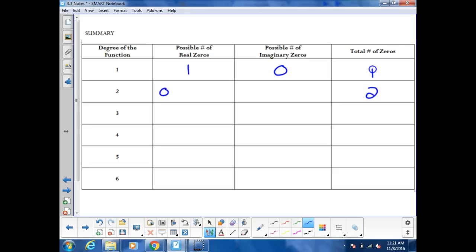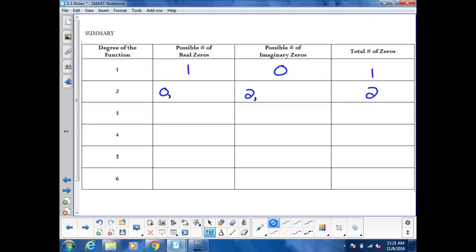Okay? If I have to have 2 zeros, and none of them are real, how many of them are imaginary then? 2. Gotta have 2. Okay? Can I have 1 real zero?